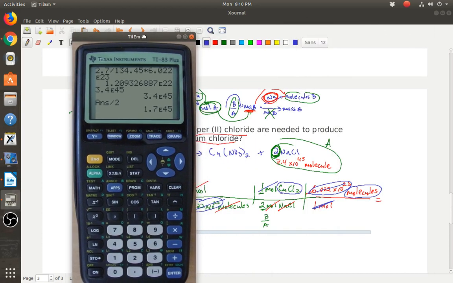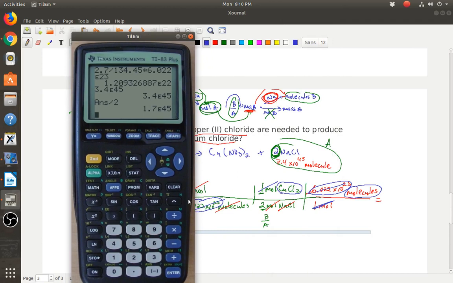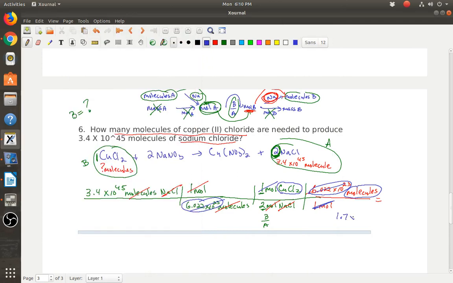Now let's scooch it over. Yep, see, that's the only other number. So it's 1.7 times 10 to the 45th. 1.7 times 10 to the 45th molecules of copper 2 chloride. That unit didn't cancel. Molecules of copper 2 chloride, that's what I was asked.